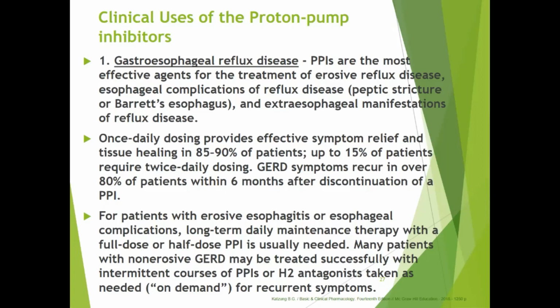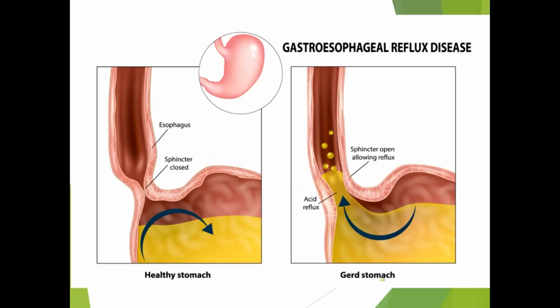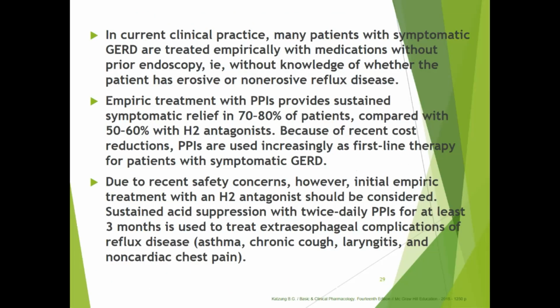Many patients with non-erosive reflux may be treated successfully with an intermittent course of the proton pump inhibitor or an H2 antagonist taken as needed for recurrent symptoms. In current clinical practice, many patients with symptomatic GERD are treated empirically with medications without prior endoscopy, without knowledge of whether the patient has erosive or non-erosive reflux disease.